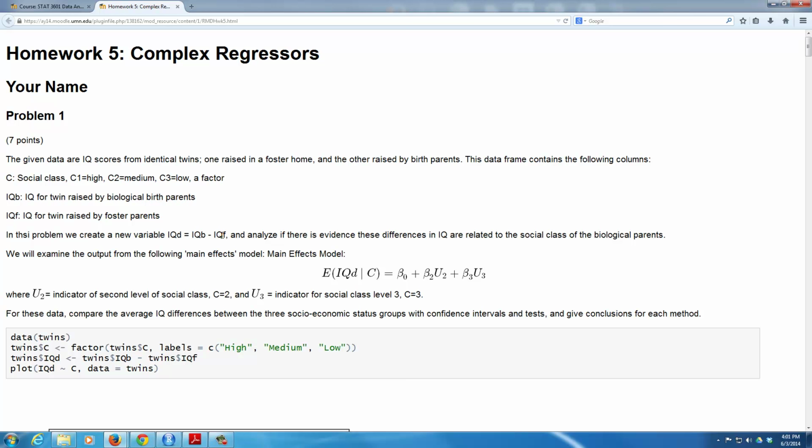And what we're trying to do is determine if there's any evidence to suggest that these IQ differences change depending on the social class of the biological family.